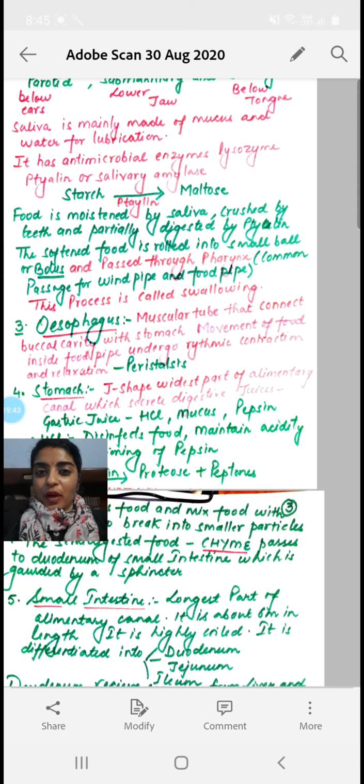So this saliva, it is mainly made up of mucus and water which lubricates the food.